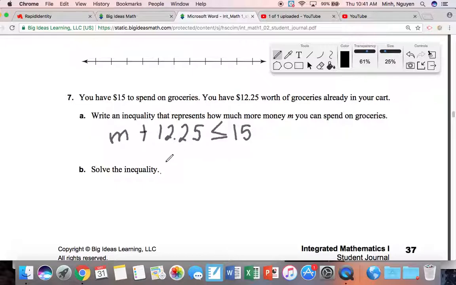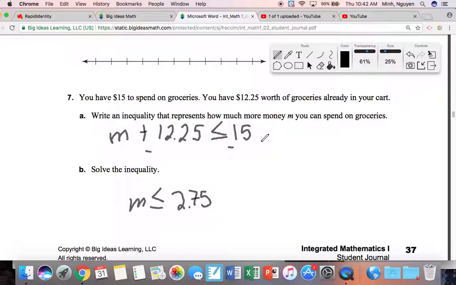So to solve, you'll subtract $12.25 on both sides. 15 minus 12 is 3, 3 minus 25 cents is 2.75. All right, and that's the end of this section.